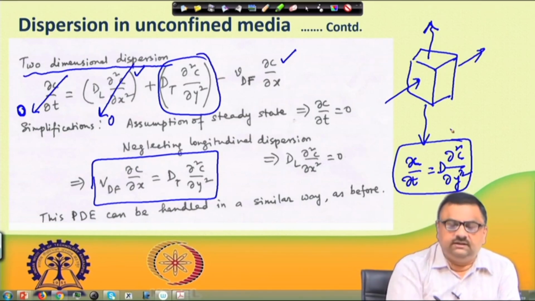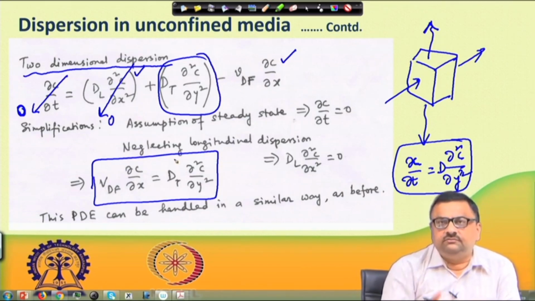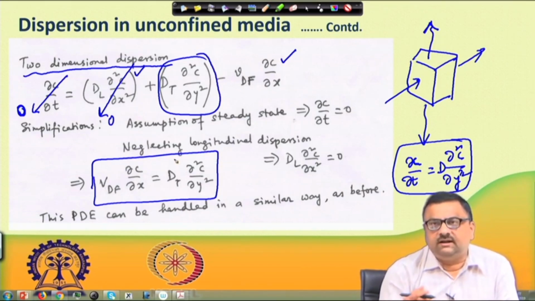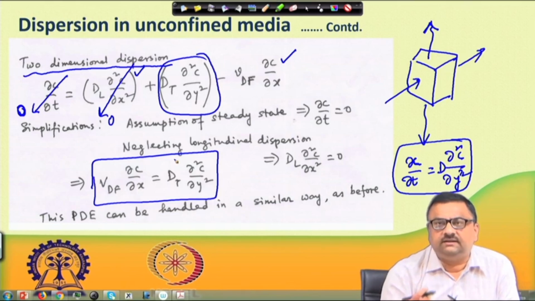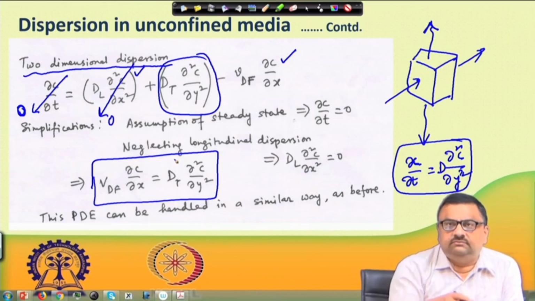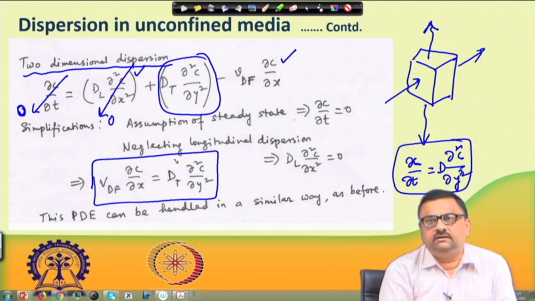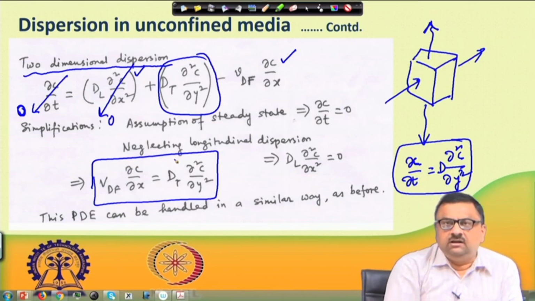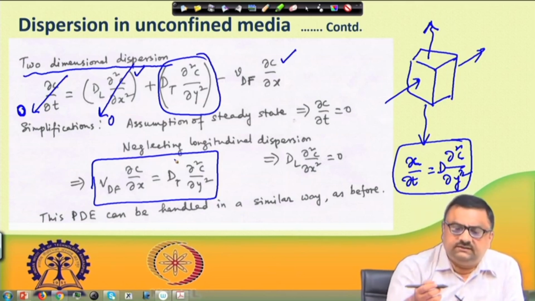So, instead, one still has the analytical solution for this kind of equation. One looks for opportunities: if the assumption is made that longitudinal dispersion is neglected, then the treatment would be much simpler and easier.